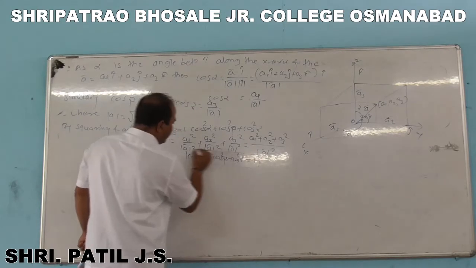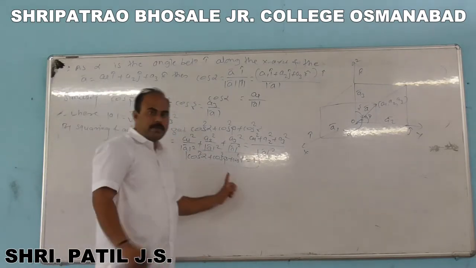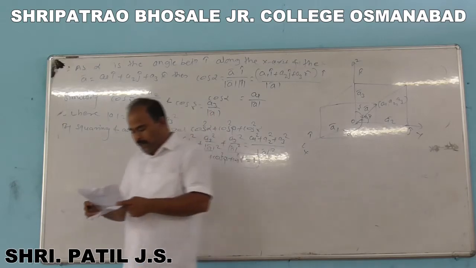That means l square plus m square plus n square equal to 1.